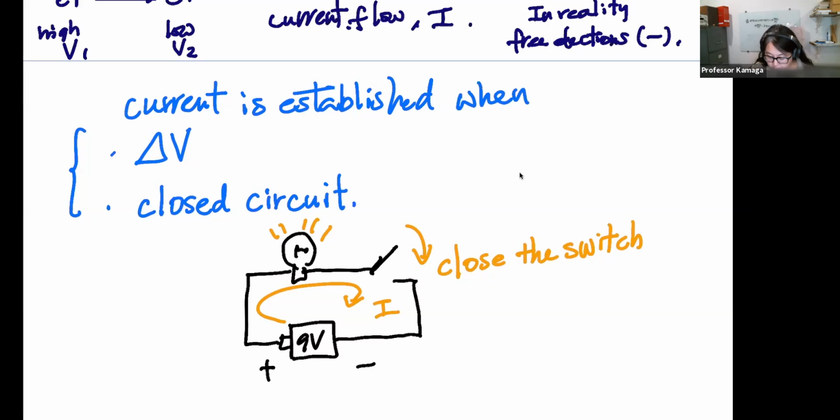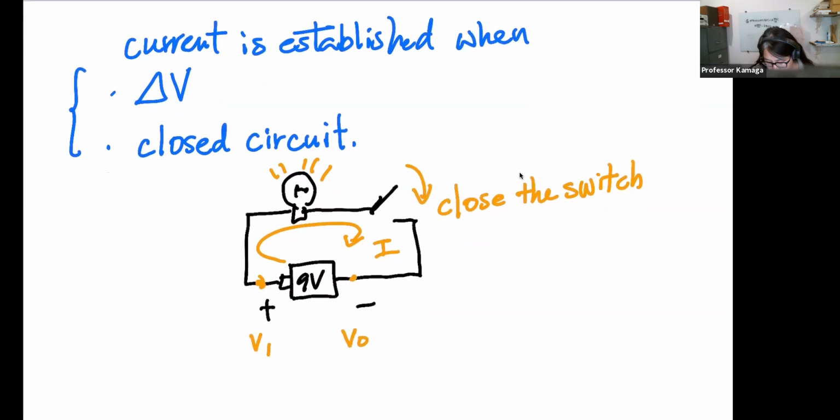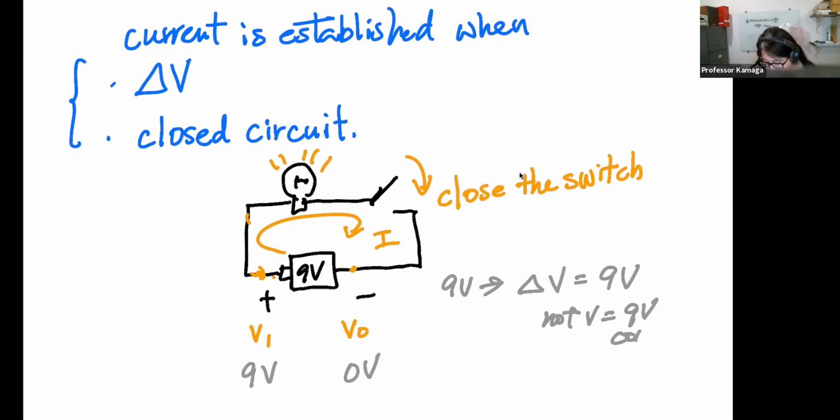When we say 9 volts battery, that means that here, let's say this position is V1, and this is V0. It doesn't mean that it's 9 volts everywhere. What it means is that if this is 9 volts, then this is 0 volts. The 9 volts means the change in voltage is 9 volts, not that V is 9 volts constant.